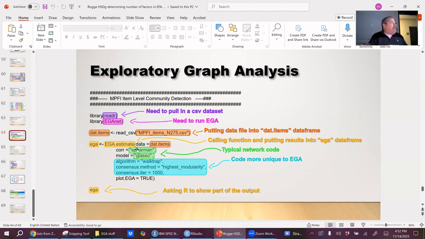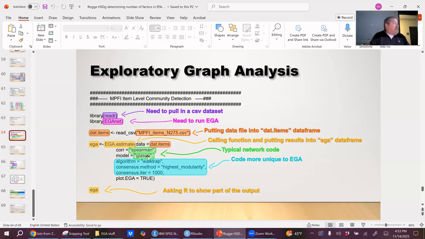Even if you have beautiful data and your items are perfectly normally distributed, it's still item level data. It's still probably not interval data. It's probably more ordinal. So we just specify always Spearman correlations so that it doesn't assume interval data.